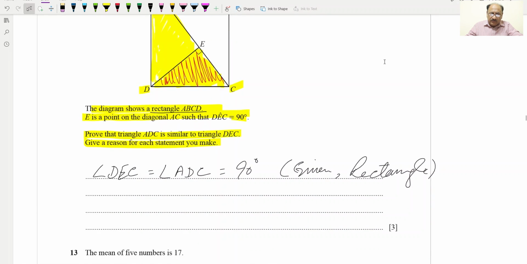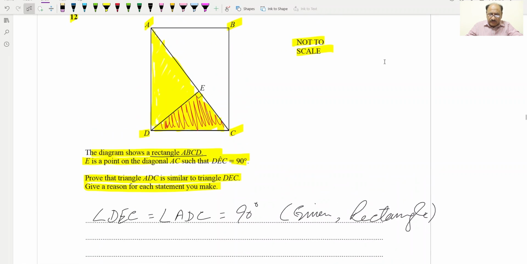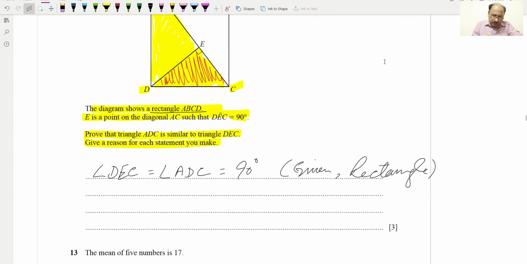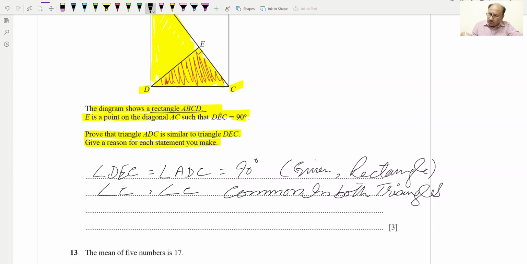And the second thing we can write: angle C is common in both triangles, so angle C is equal to angle C, common in both triangles.